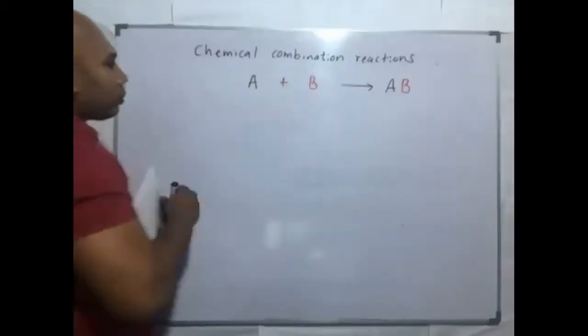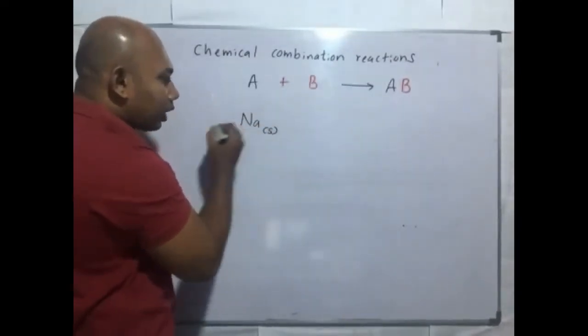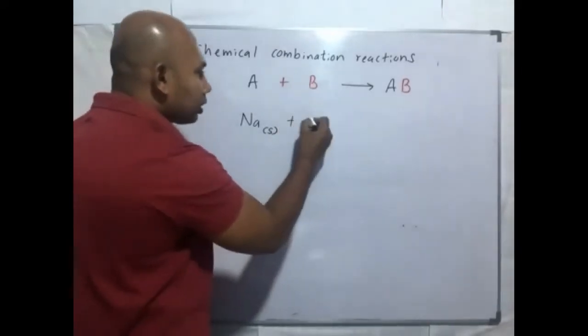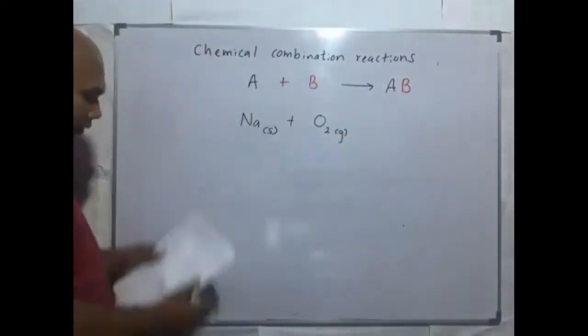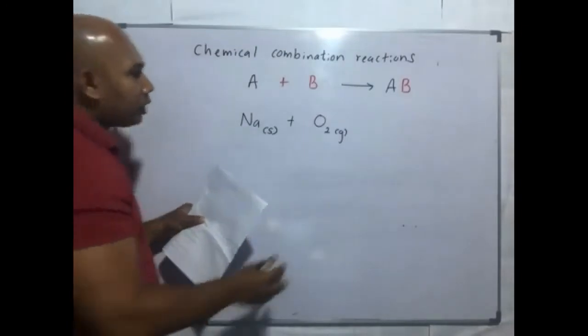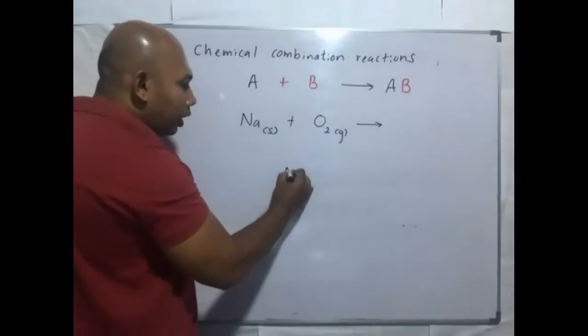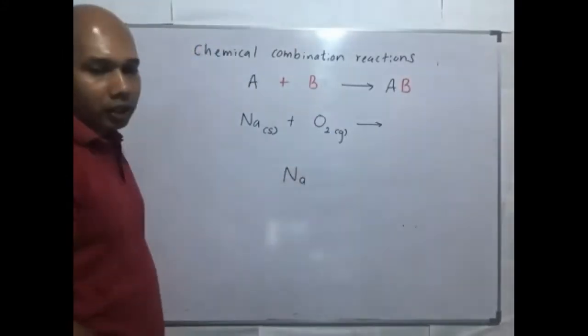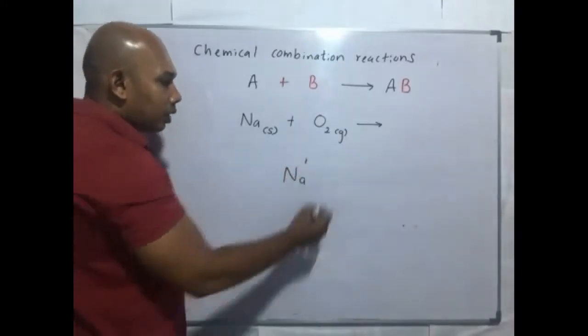First one, sodium, physical state solid, plus oxygen gas, O2 gas. Reaction of sodium with oxygen gas. So what is the product? Sodium, first group, alkali metals. Therefore, valency 1.